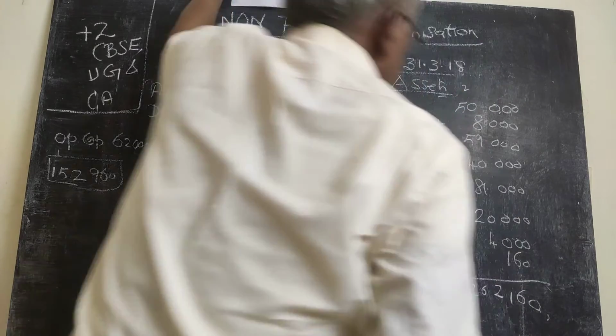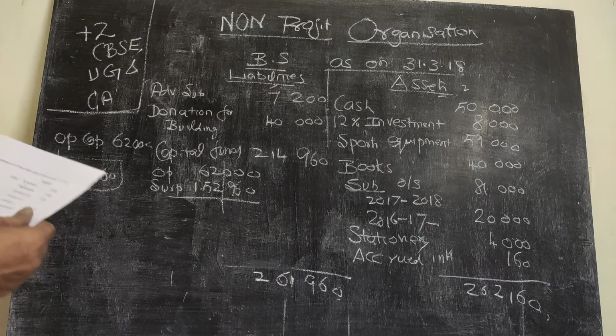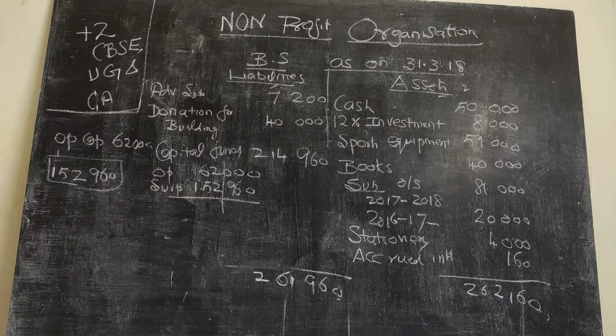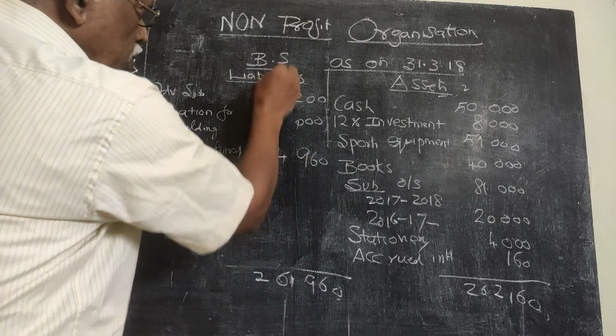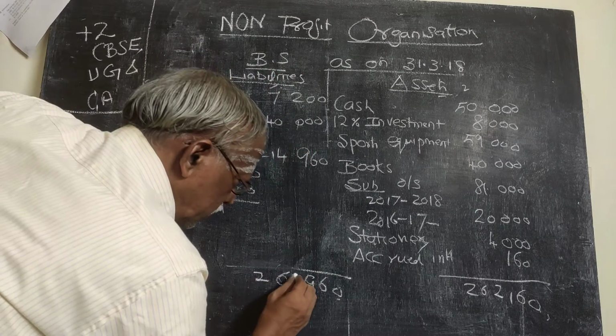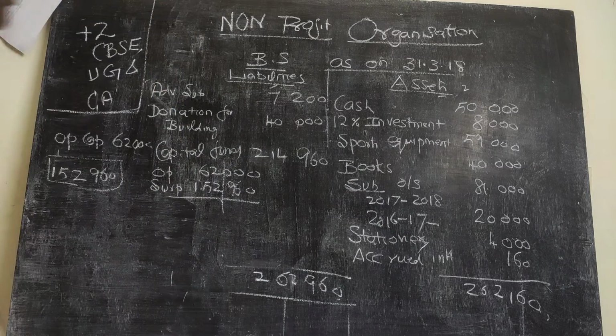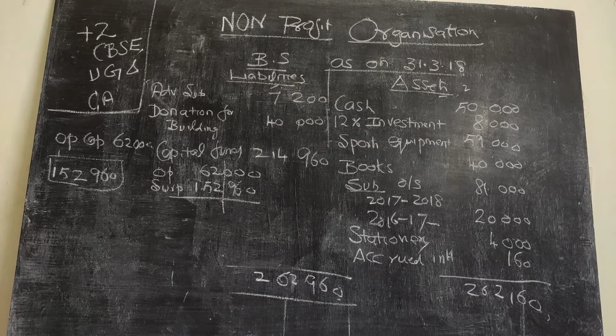Here I am getting 2,62,000. Let me check up what is the amount due on subscription. Right, subscription is only 81,000, correct. So what about this side? And here I think I have made a mistake. 6, 9 plus 2, 11, carry over 1, 8 plus 4, 12. So the balance sheet is tallied. A very simple problem with very few adjustments. I hope I have made it very clear to you.